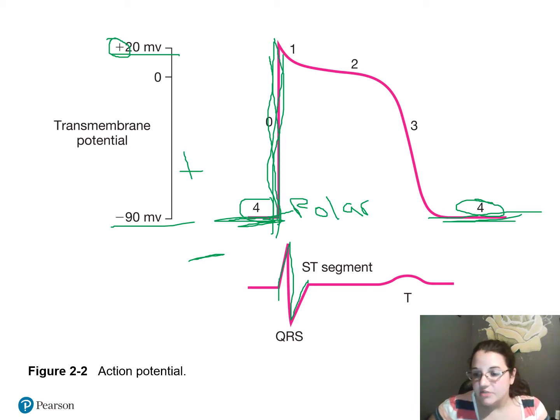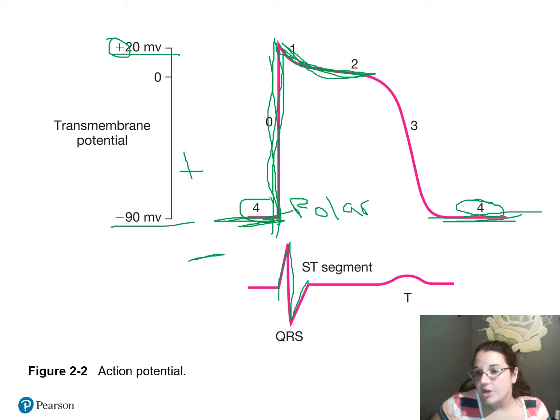A positive charge is indicative of depolarization, which is contraction of the cell. But does that contraction stay right there in that cell? No, it's going to pass it on to somebody else. So when that contraction hits another cardiac cell, we're going to go into early repolarization, phases 1 and 2.